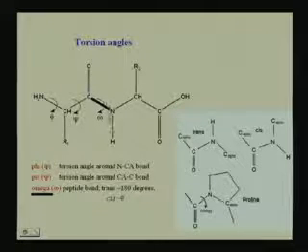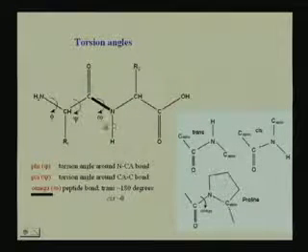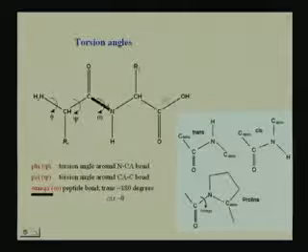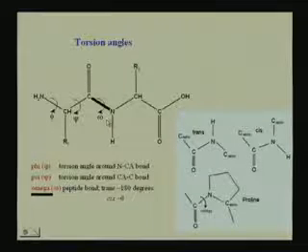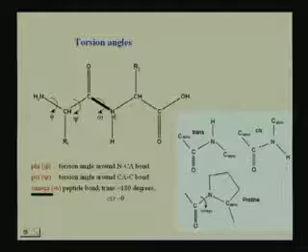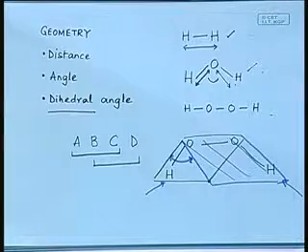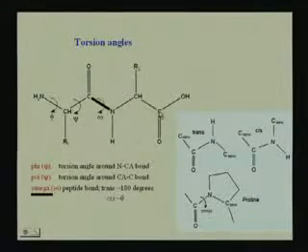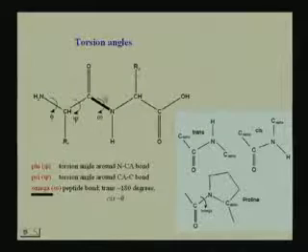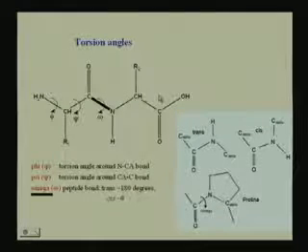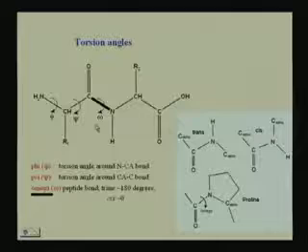Which is this amino acid? It is this one. Why is this one amino acid? Because this has an amino group here, a C alpha group here and a carboxylic group here. So this has to be one amino acid. This is the previous amino acid.